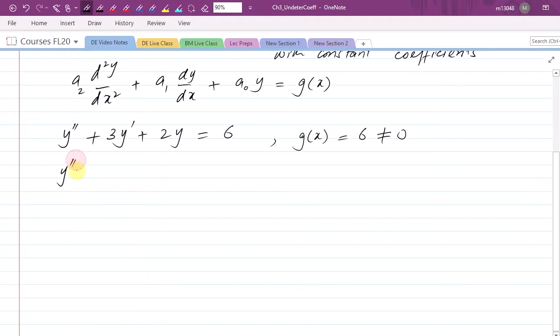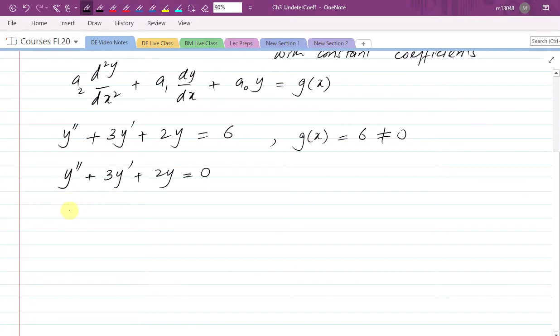We will write the associated homogeneous equation. So we will write y double prime plus 3y prime plus 2y equals 0. So that is the associated homogeneous equation. We are going to put a 0 here for 6 and solve it.